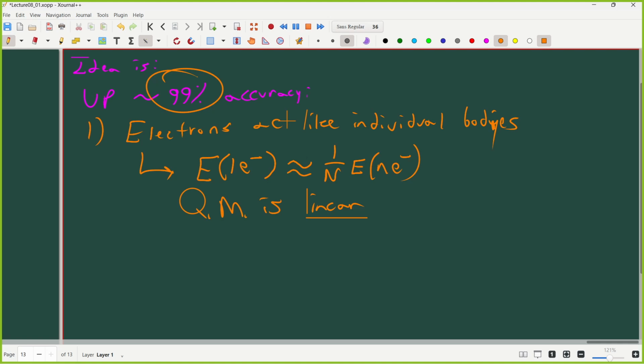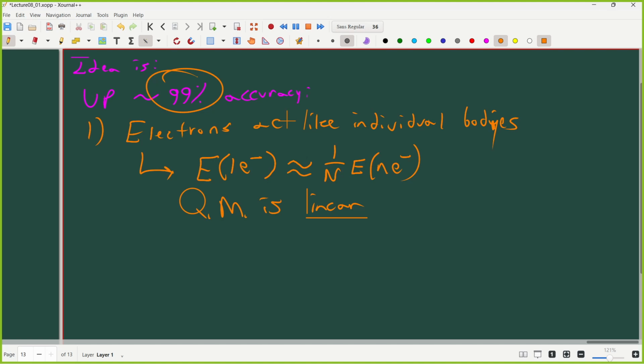And in fact, they are. They're still very complicated, right? If you're going to think about electrons interacting with 100 other electrons, it's a very hard problem. In fact, it scales as 100 to the fourth, it turns out, right? So the problem becomes 100 to the fourth times harder than if you didn't assume that. So it's a very tough problem to solve. But it only gets you effectively 1% improvement.